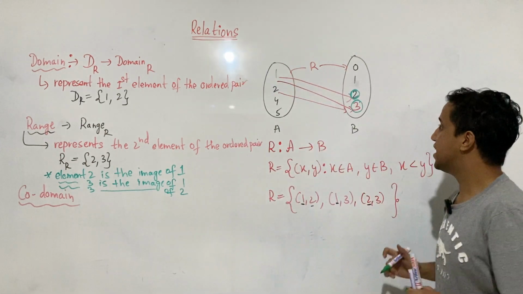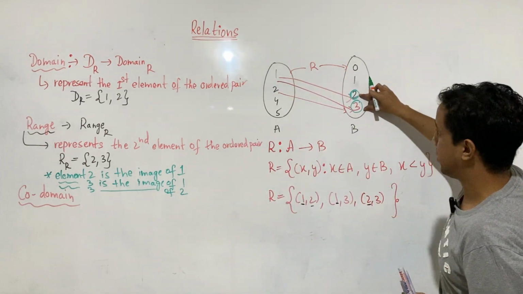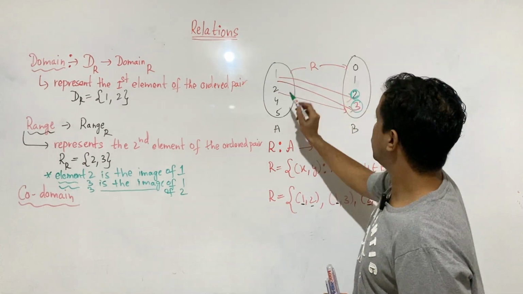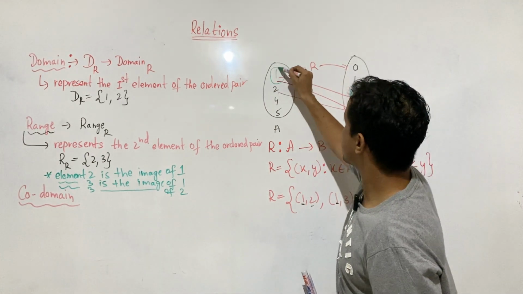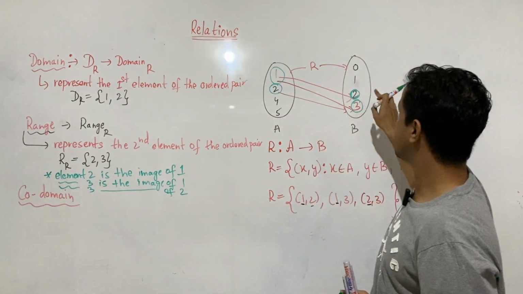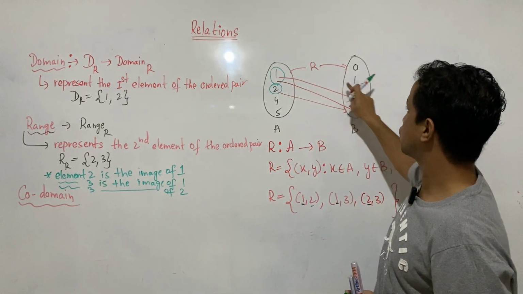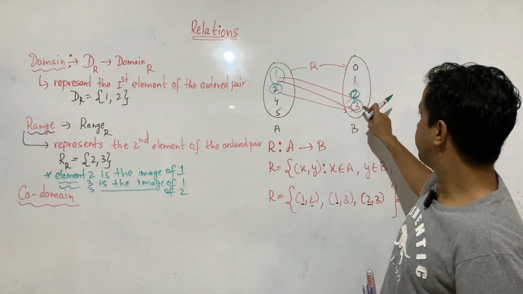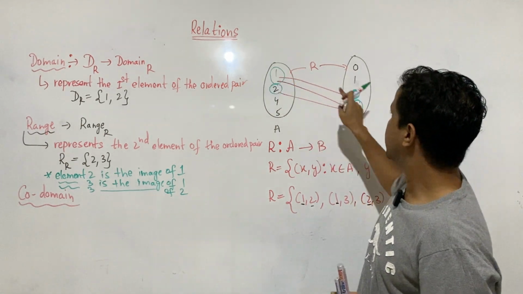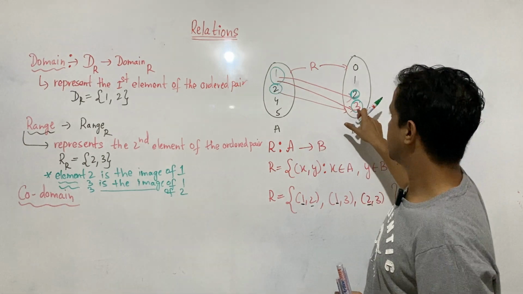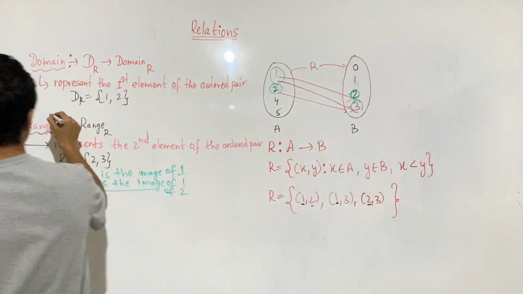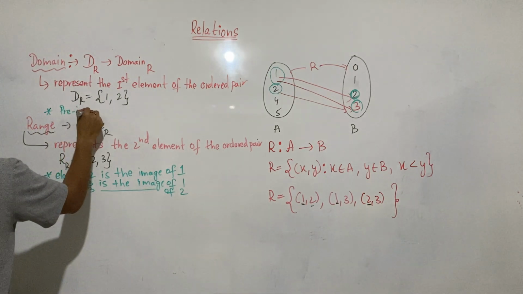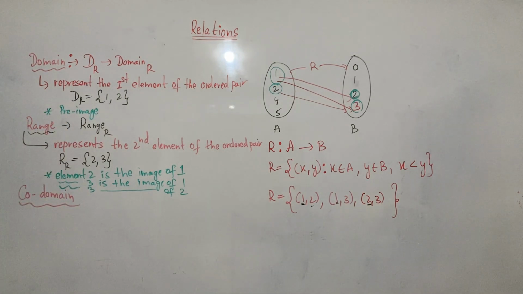In the same way, the elements in the domain are known as pre-images. See here, if 2 is the image of 1, then 1 is the pre-image of 2. If 3 is the image of 1, then 1 is the pre-image of 3. So here you can also use pre-image. Understand?